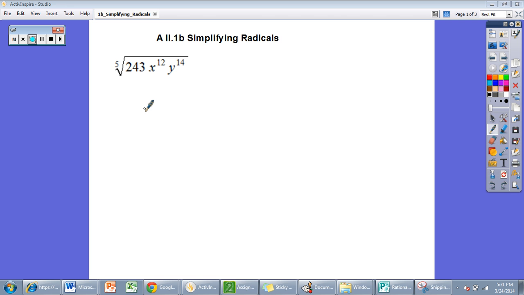So those should be your first instincts. And especially in this problem, if you check 3 to the power of 5, it gives you 243. So we know right off the bat that 243 is a perfect fifth root.